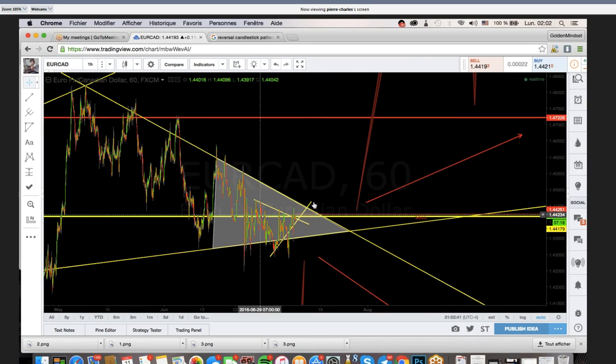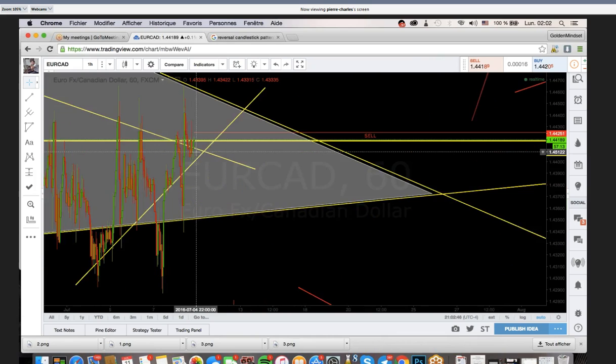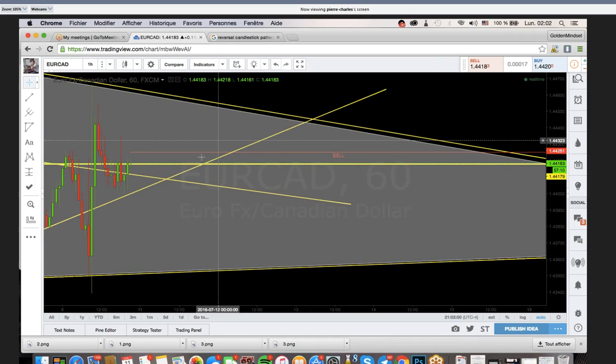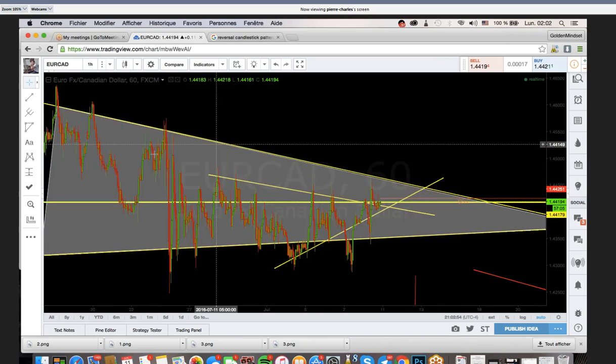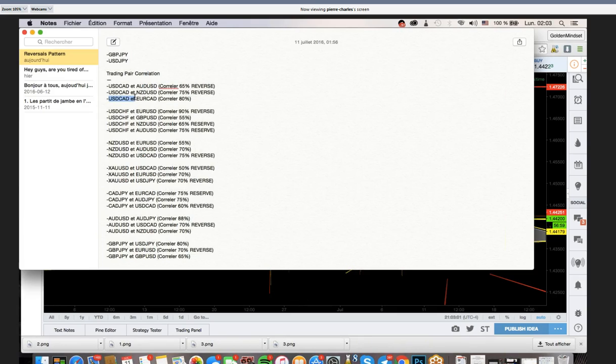It has to break somewhere, up or down. But due to the fact that it's about to break up there, I will probably be buying more than selling, because I'm expecting USD CAD to go up, and when USD CAD goes up, Euro CAD goes up also.